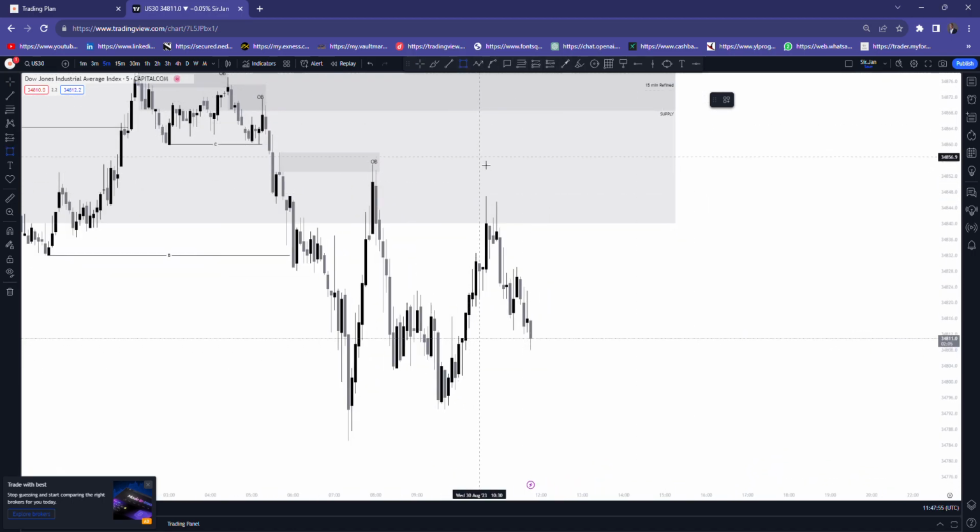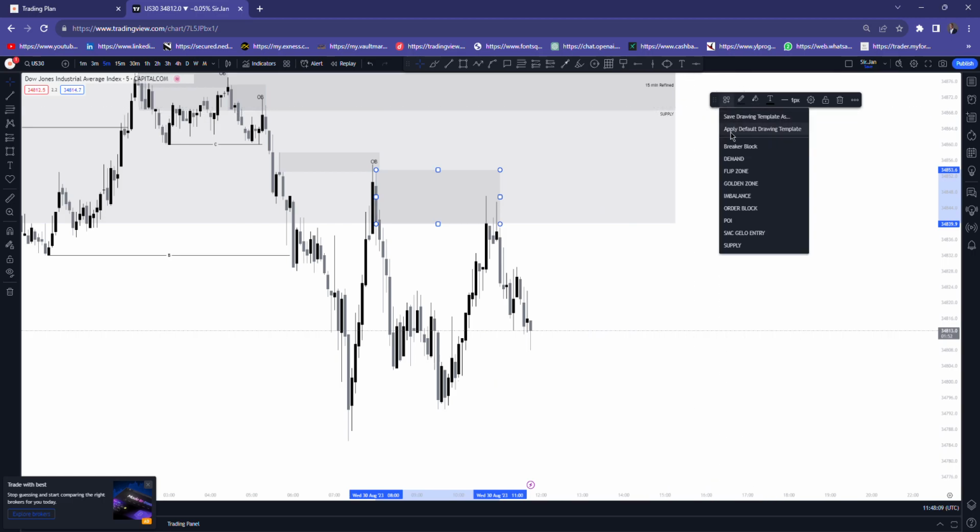And then here we will try to use the wick, but it didn't reach there. So I took out the entire body. Never reached that wick only.